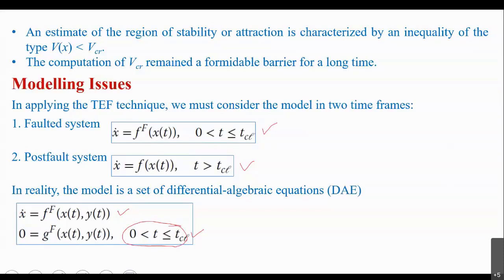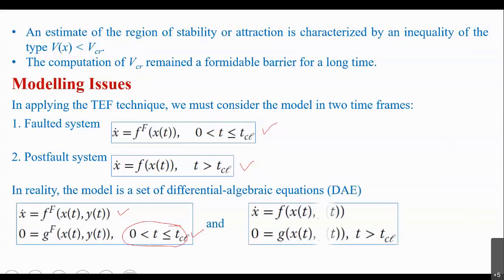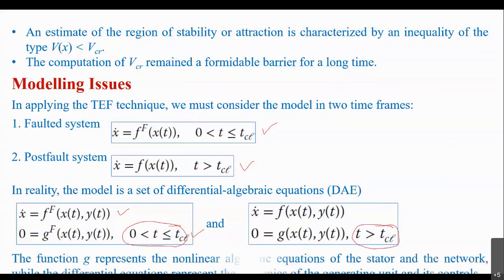The next one is for the other time frame, which is t greater than TCL, under post-fault condition. The function g represents the nonlinear algebraic equations of the stator and the network, while the differential equations represent the dynamics of the generating unit and its control.